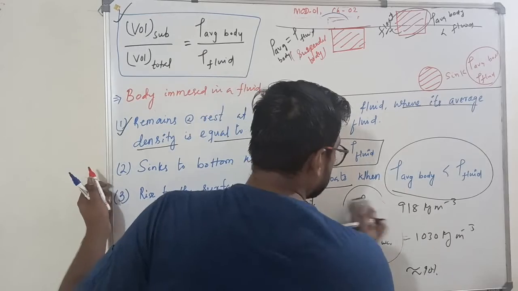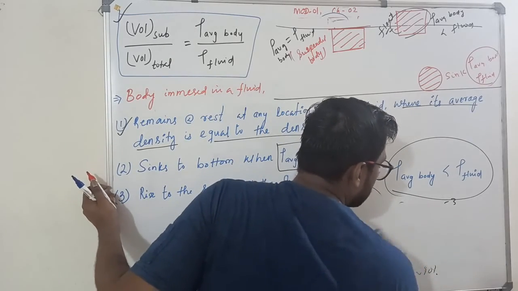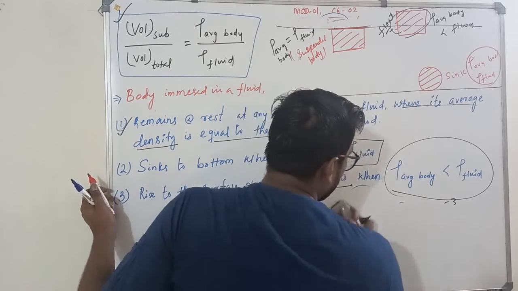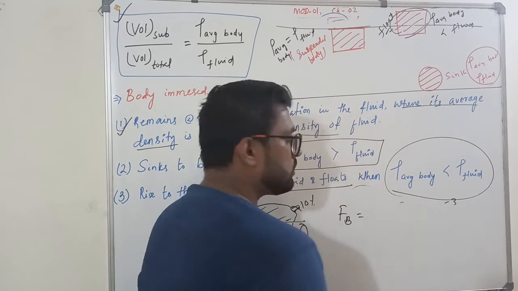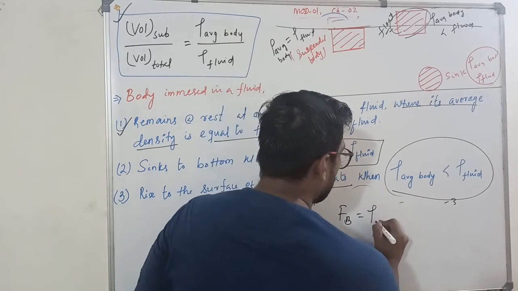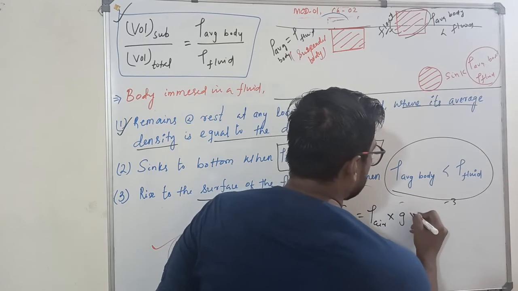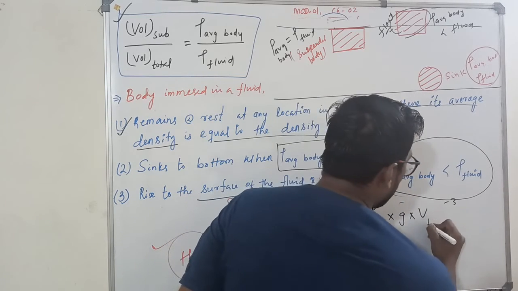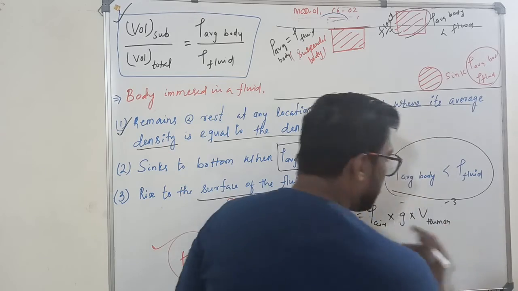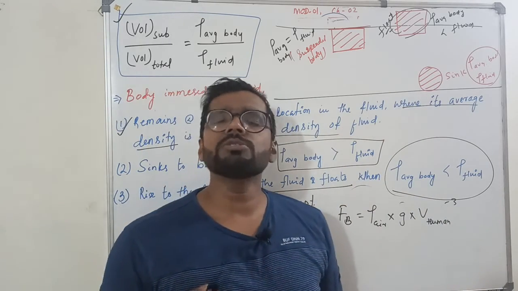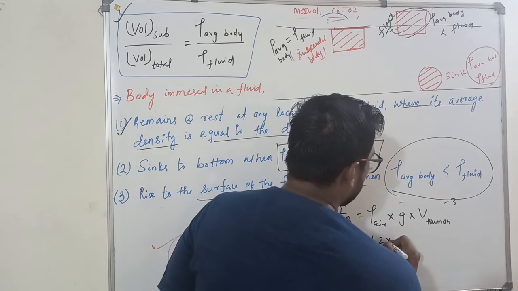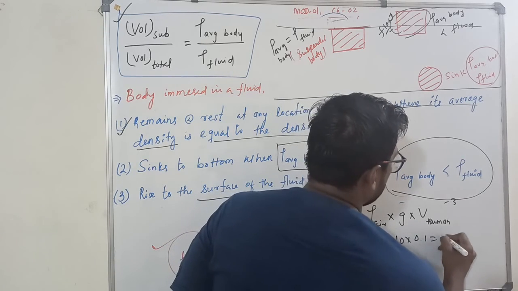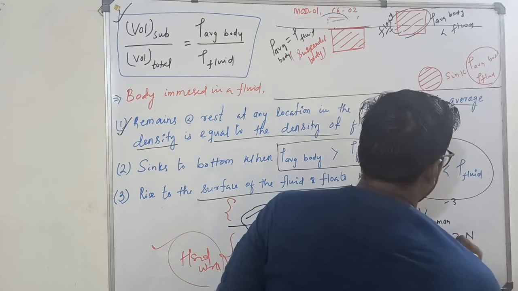Let me erase this. What is the buoyancy force by air? It is rho of air multiplied by g multiplied by the volume of the solid, our human body. Let us say my volume is 0.1 meter cube, density of air 1.2, and g as 10. I got 1.2 Newton.